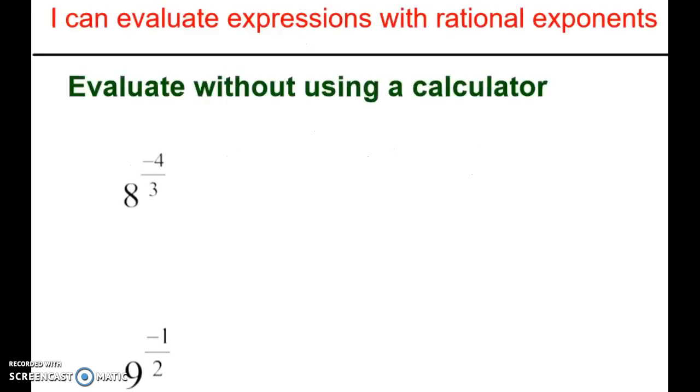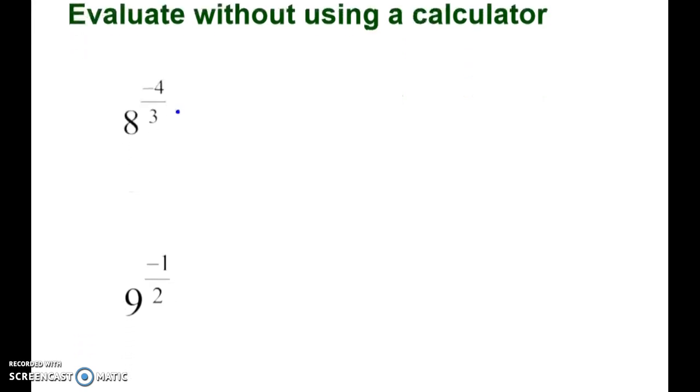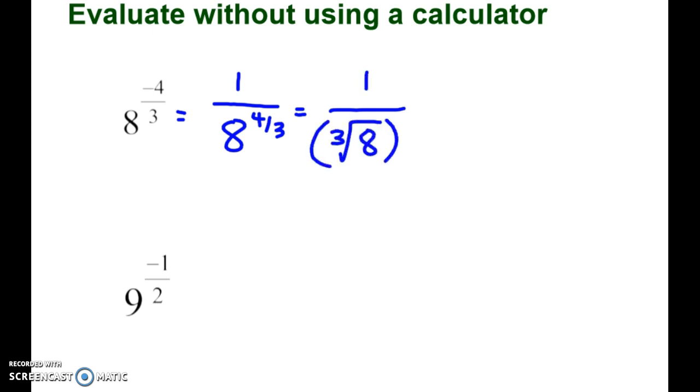Well, what if those exponents are negative? Well, I just go ahead and fix the negative piece of it first. So I have 1 over 8 to the positive 4/3 because I fixed the negative piece of it. And then I keep going. The 1 is still there. Cubed root of 8 goes inside the parentheses, raised to the fourth power.